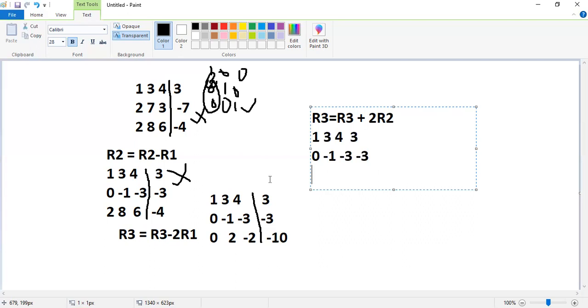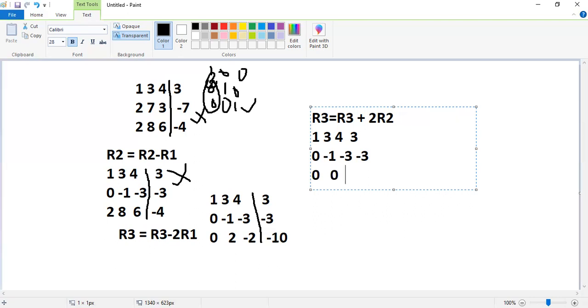So we know that row 3, the first one is 0, right? And 2 times 0 is 0. So this one will still remain 0. And there's no change, right? Okay. So the next one, this is 2. That's row 3, 2 plus 2 times row 2. So 2 times this -1 will give us -2. So this 2 plus -2 will give us 0.